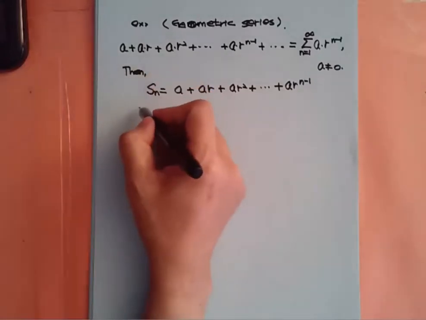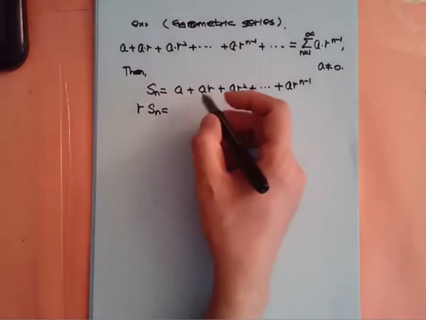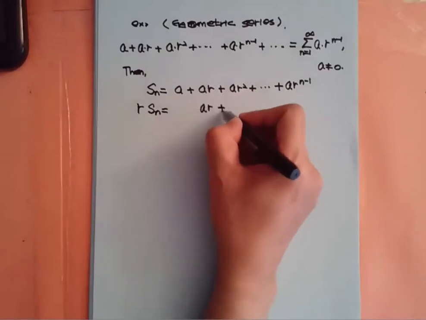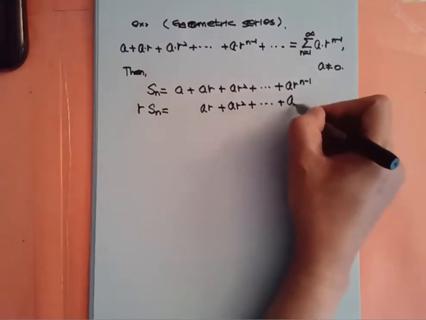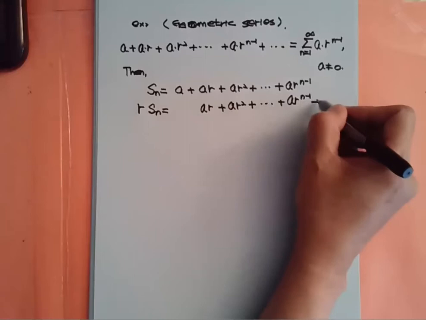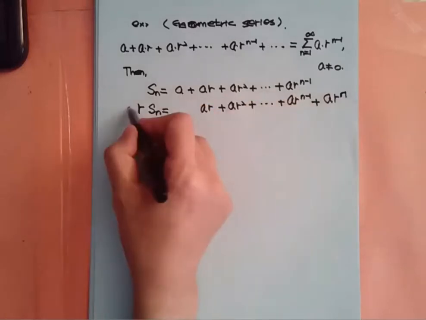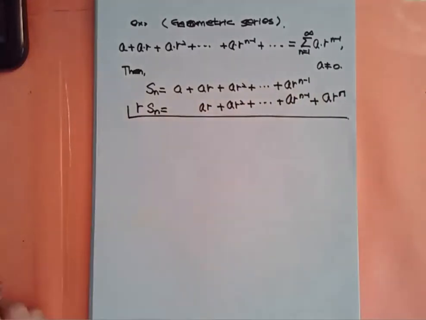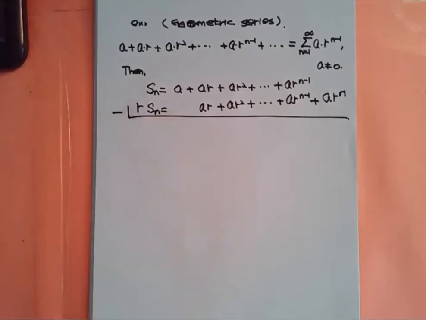We will multiply r to the nth partial sum, and then we get a times r plus a times r squared plus up to a times r to the n minus 1 power, but the last term would be a times r to the n power. What we are trying to do is formulate the partial sum by using a and r. So we subtract the second line from the first line.